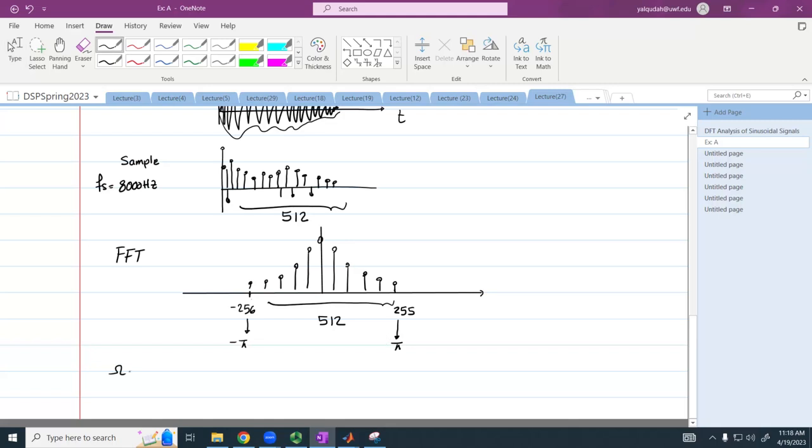But omega is equal to W multiplied by T, therefore W is equal to omega divided by T, which is going to equal plus or minus pi, multiplied by 8,000. And therefore, the frequency is going to be plus or minus, dividing by 2 pi, 4,000.